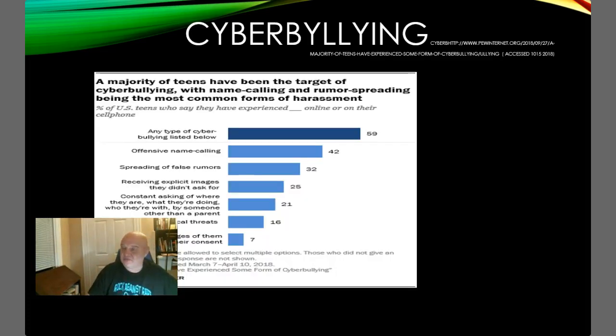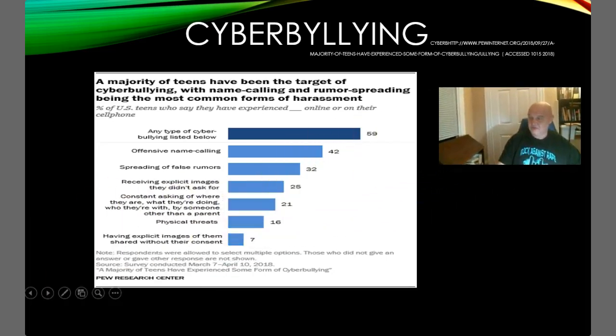Here's data from the Pew Charitable Trust. Let me move my face out of here and up here for a moment. Great. The Pew Trust is the United States' most reliable survey center for all sorts of social topics, including religious behaviors, political views, and in this case, cyberbullying.